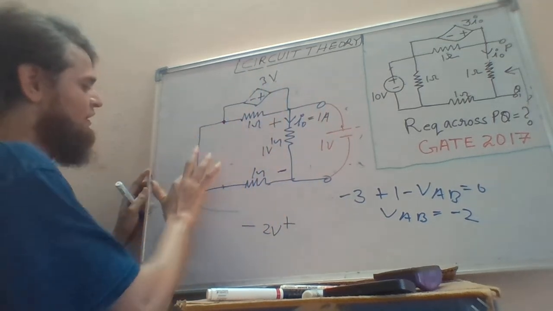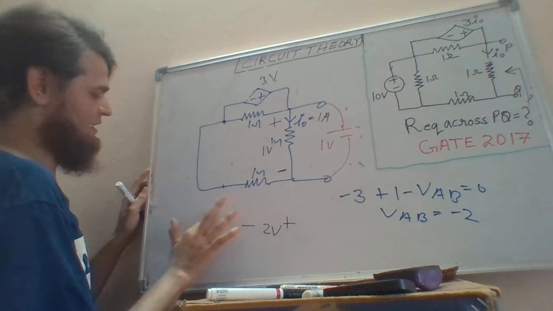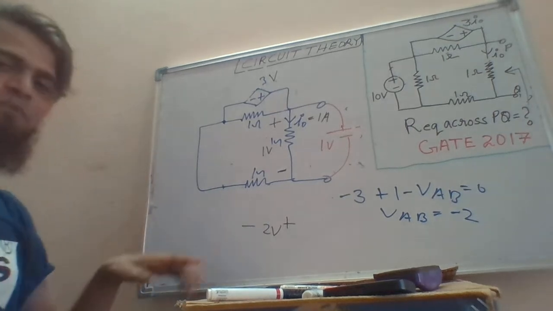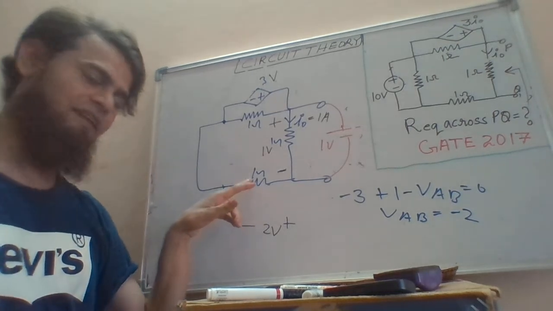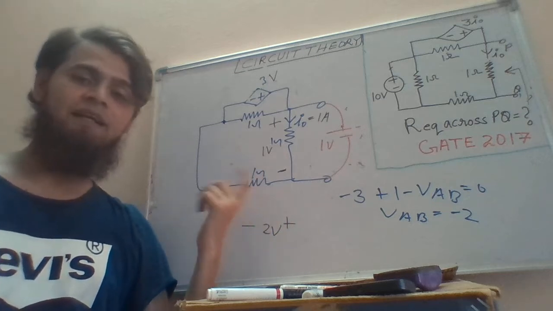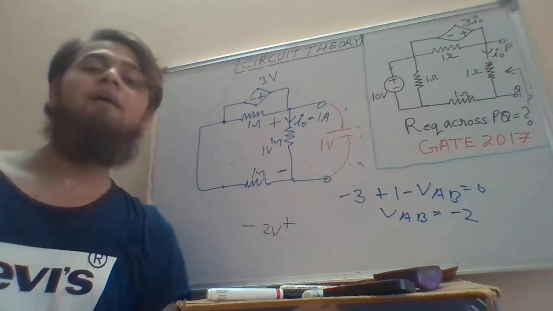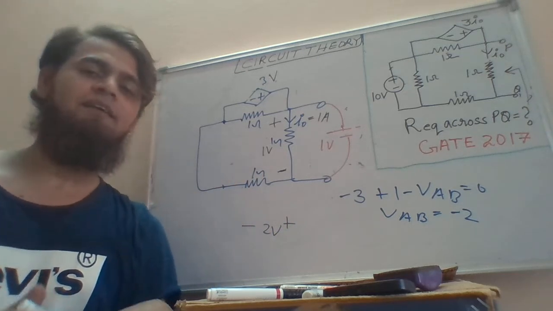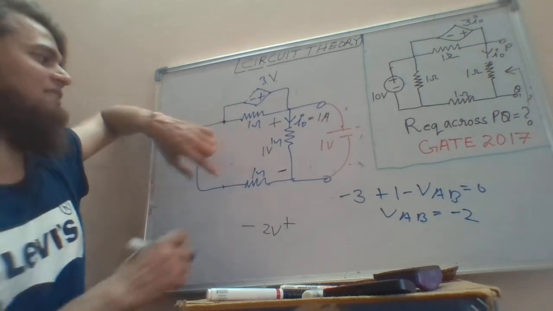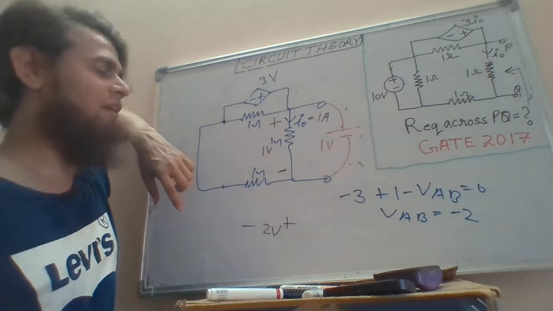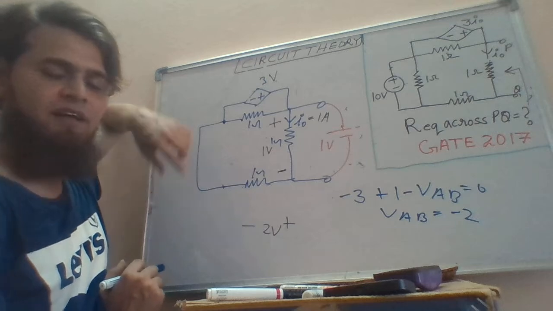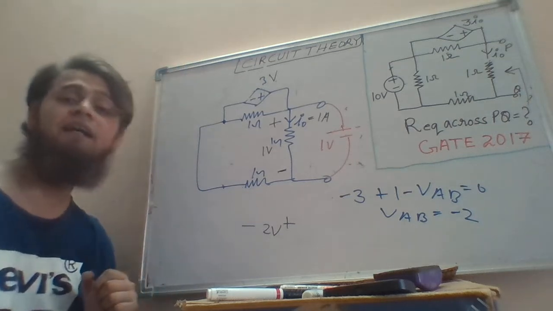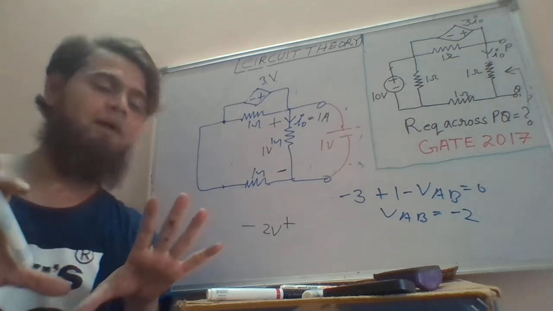Fine. So what will the current be now? What shall be the current through this resistance? It shall be 2 upon 1, that is 2 ampere. What shall be the direction of the current? This resistance is absorbing the power. This resistance is passive. So in the direction of the current, you shall get a drop.